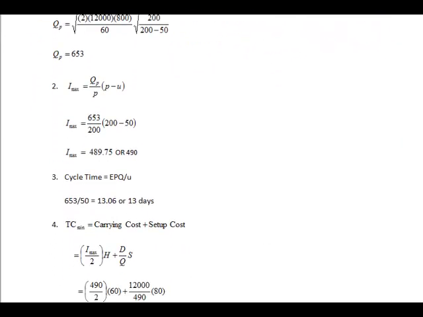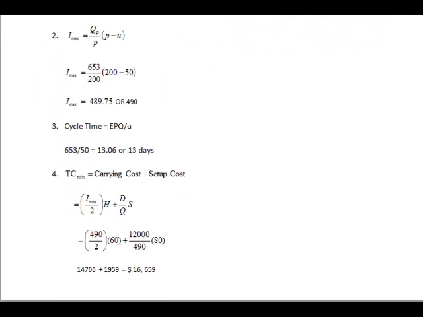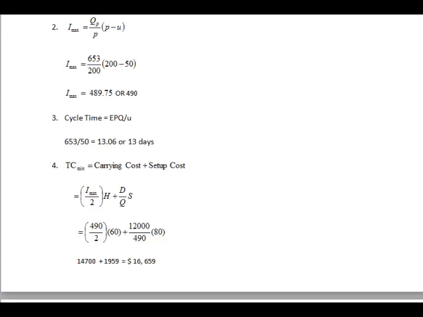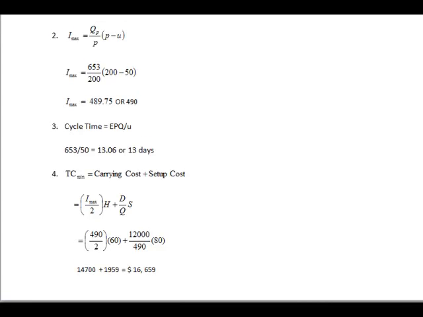Now, we'd also like to know some other information. We'd like to know what is the maximum inventory level that we achieve in a production run. The formula for it is the economic production quantity divided by P, and then multiplying that by the difference between the production and the usage rate.